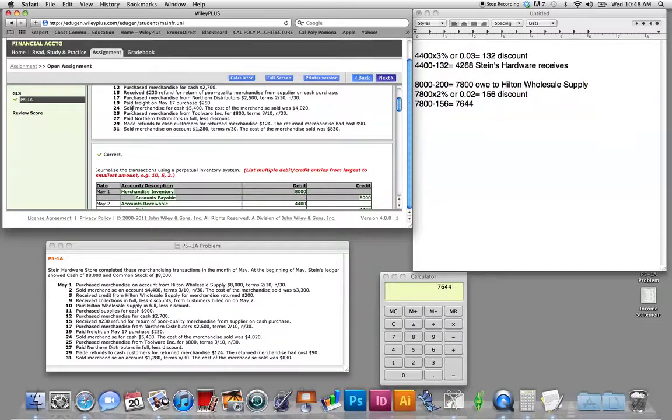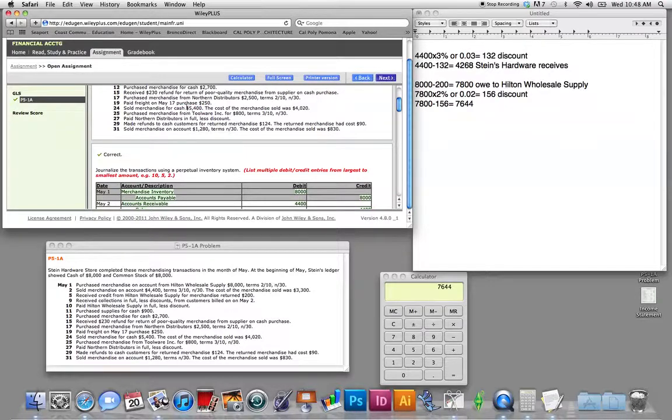Okay, so for May 24th, we sold merchandise for cash of $5,400, and the cost of this merchandise sold was $4,020. So since we sold this merchandise, there's going to be a couple entries for this transaction. First, we're going to want to record the sale. So the sale of this merchandise would be recorded by increasing our cash account, because this is what we're receiving from the company that purchased this merchandise from us.